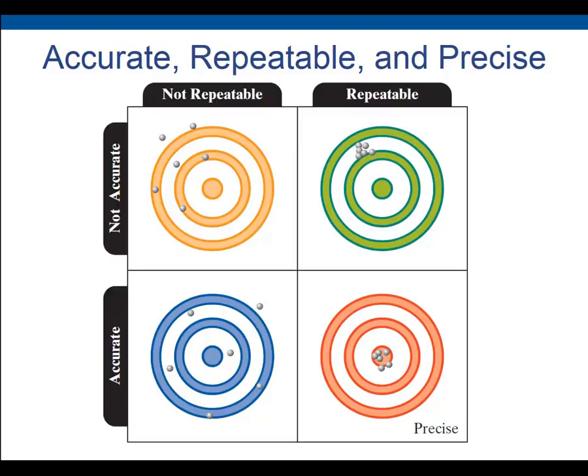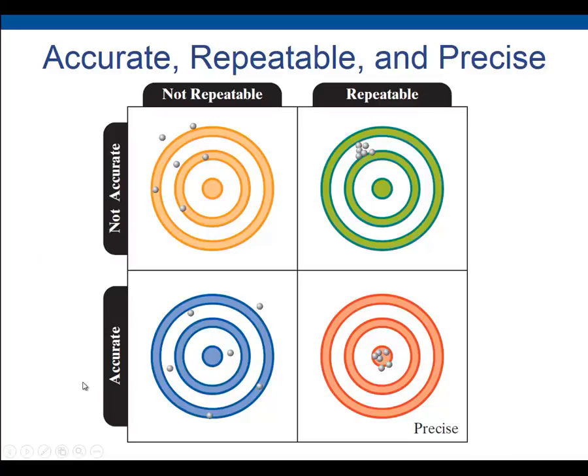In this slide, I want to explain the difference between accurate, repeatable, and precise. Before we can determine if our answer is repeatably precise, we must understand the definitions of accurate, repeatable, and precise.